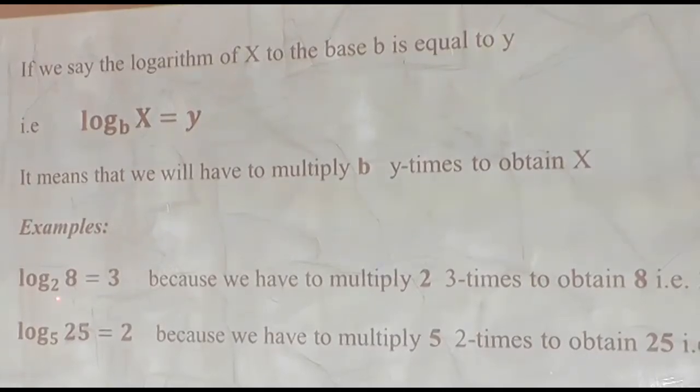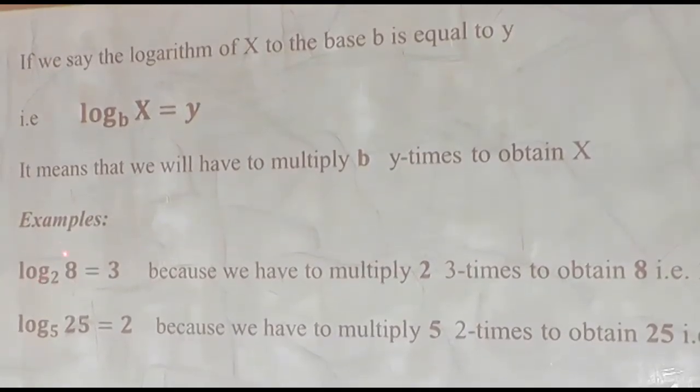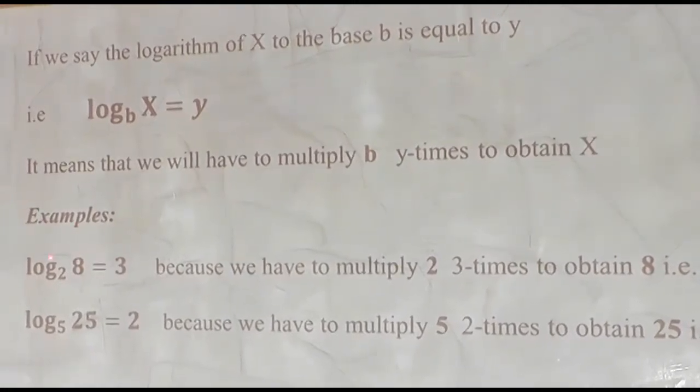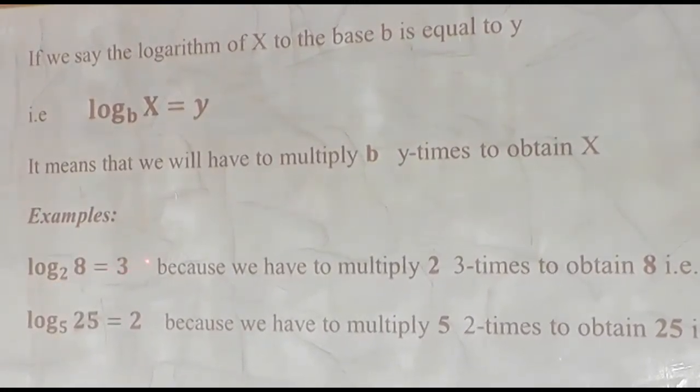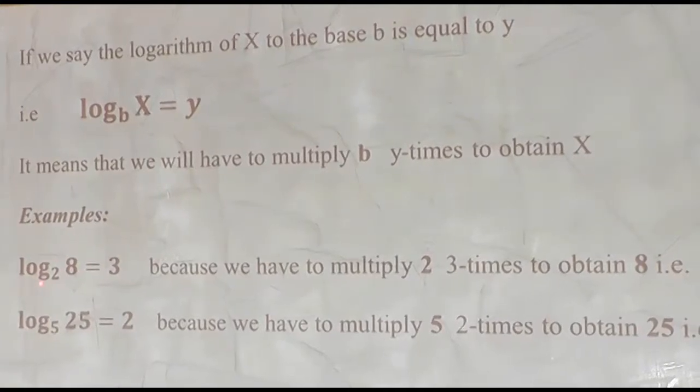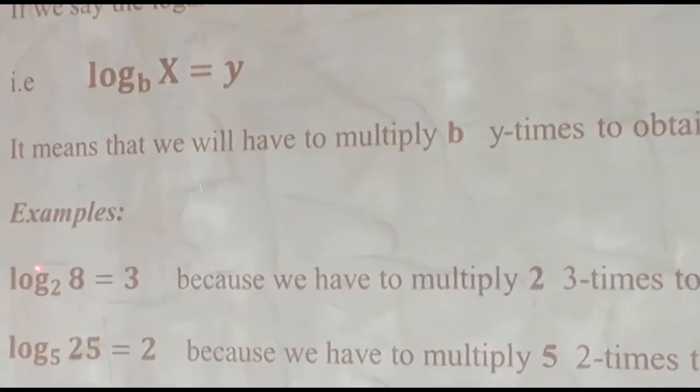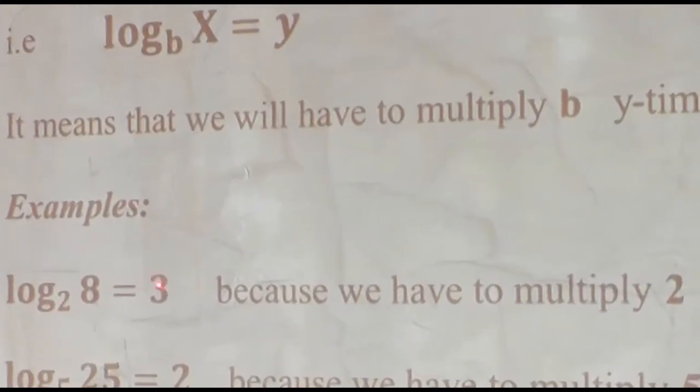Just as in this example, log 8 base 2 is equal to 3. This means 2 must be raised to a power of 3 to obtain 8. That is what logarithm is all about: the power to which 2 must be raised to give 8.